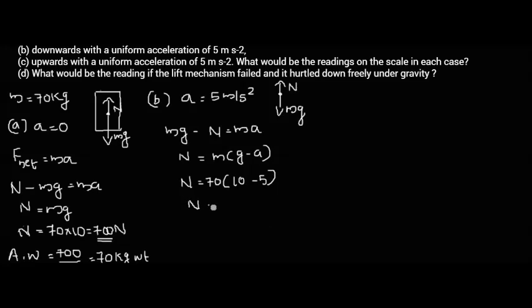So we will get a normal reaction as 70 into 5, which is equal to 350 Newton. From this, the apparent weight is equal to 350 divided by acceleration due to gravity, which is equal to 35 kilogram weight.